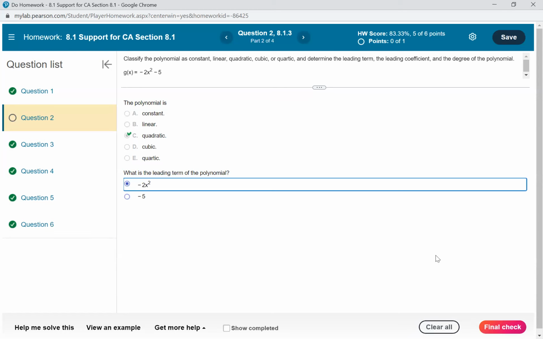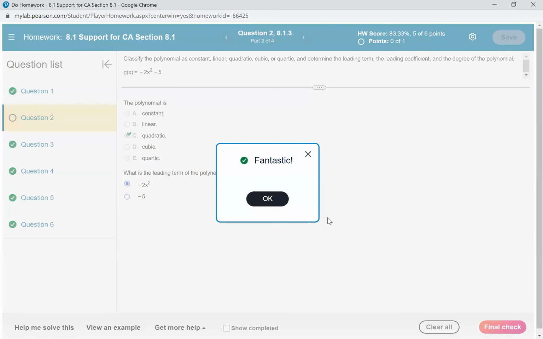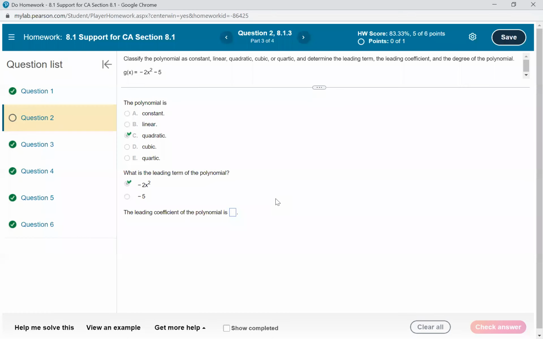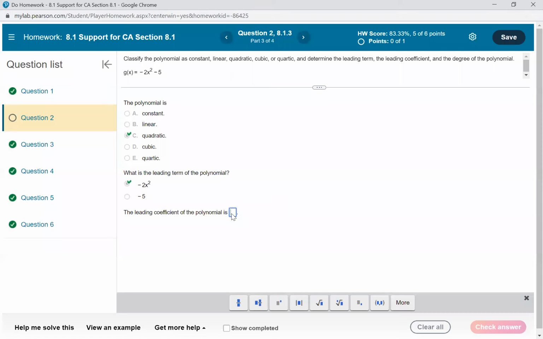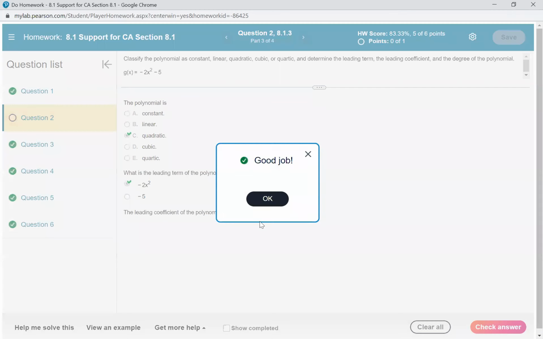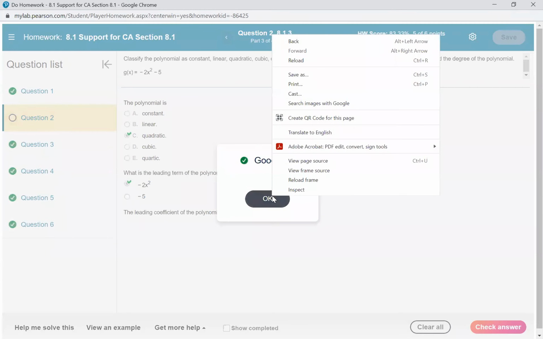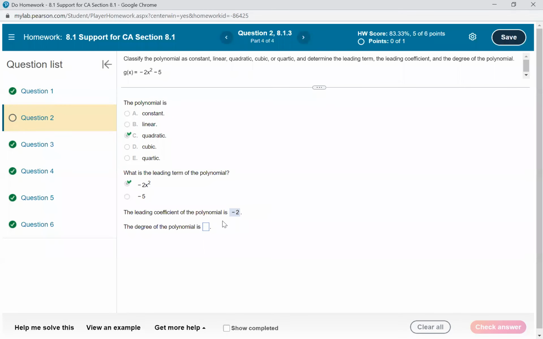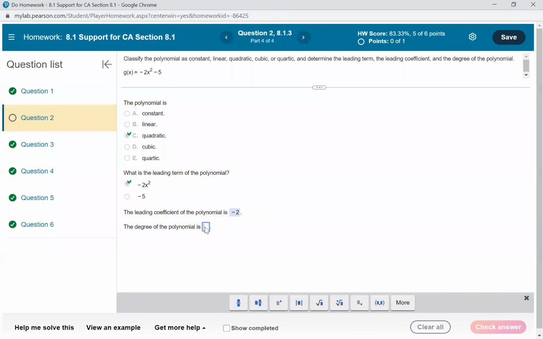Okay, so that'd be my negative 2x squared. The leading coefficient, negative 2. And then finally they're going to ask us for our degree. So the degree of this polynomial is a 2.